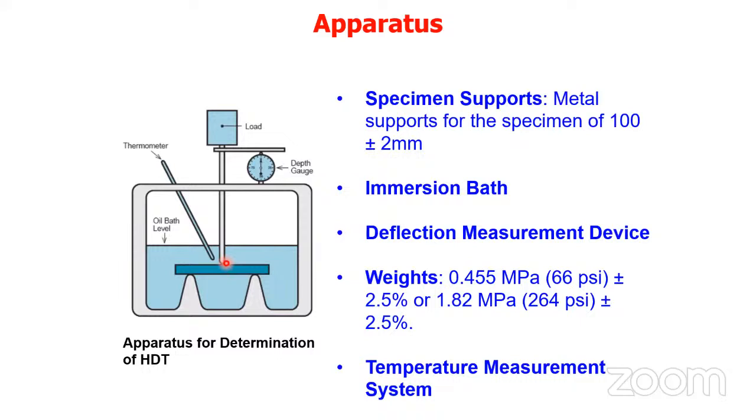So this kind of apparatus is used to determine the heat deflection temperature. In that, what is happening here is we increase the oil temperature gradually. So at what temperature your material is bent or indented using this load can be recorded in this gauge.